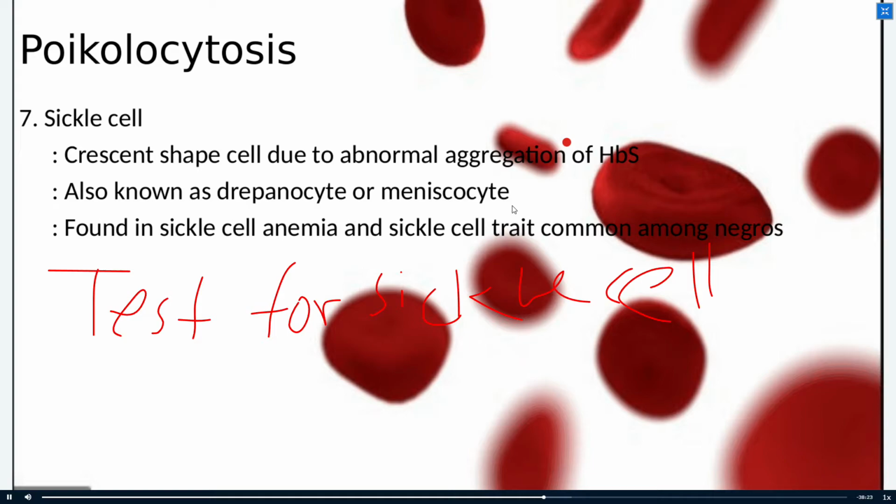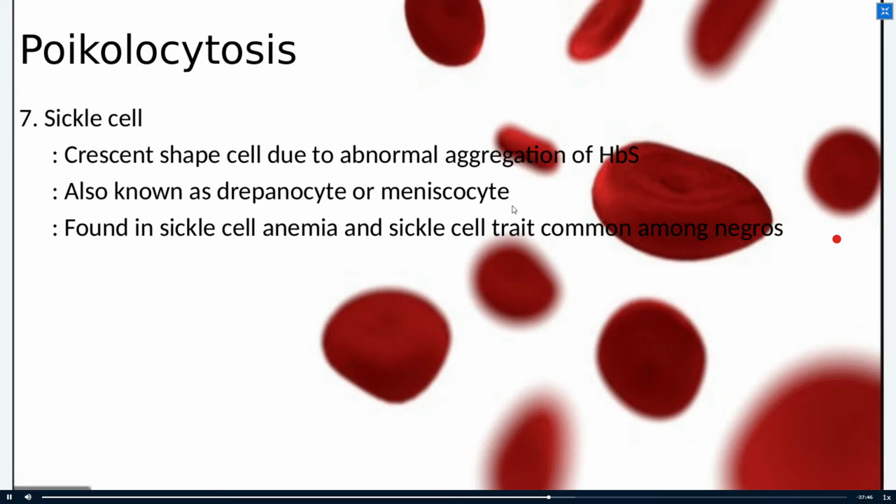Do you still remember? No, it's not chromatography. Solubility test. So what reagents are in your solubility test? Saponin and what's the other one? Starts with the letter D. Dithionite. Even I get confused. Okay, so that would be the test for your sickle cell.